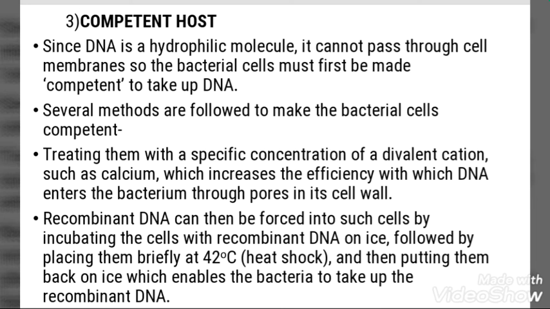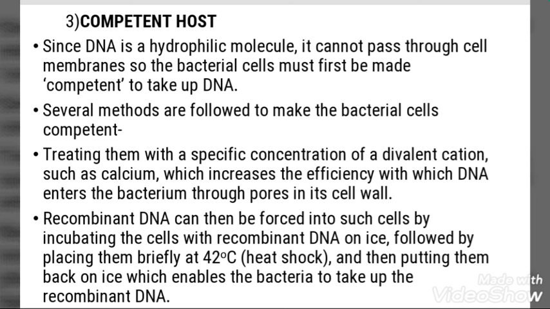Recombinant DNA can then be forced into such cells by incubating the cells with recombinant DNA on ice, followed by placing them briefly at 42 degrees, heat shock, and then putting them back on ice, which enables the bacteria to take up the recombinant DNA. That means heat shock treatment.